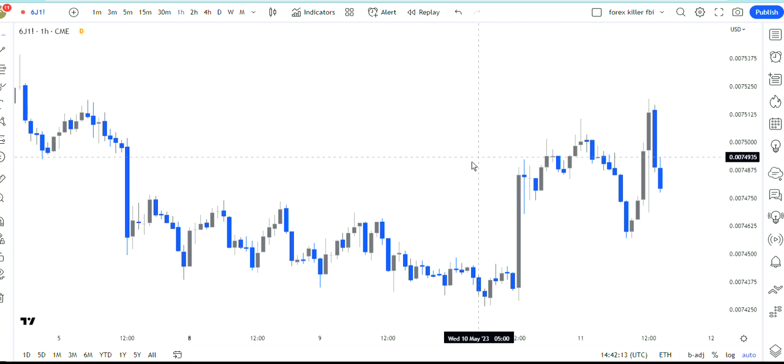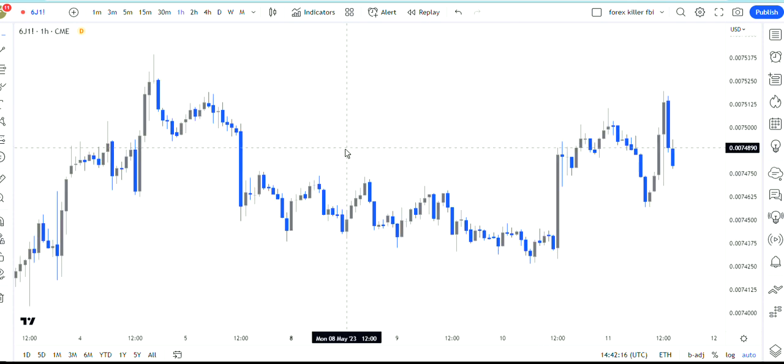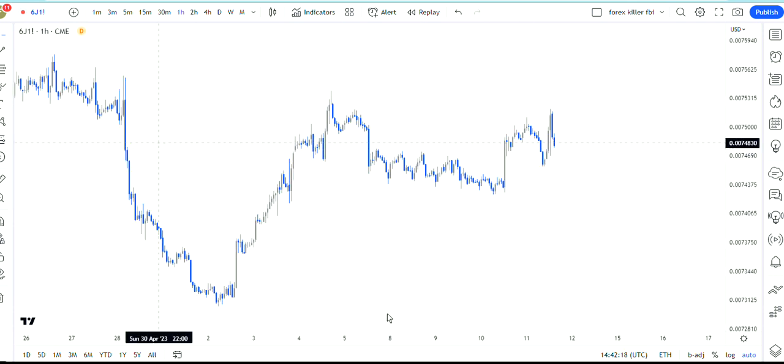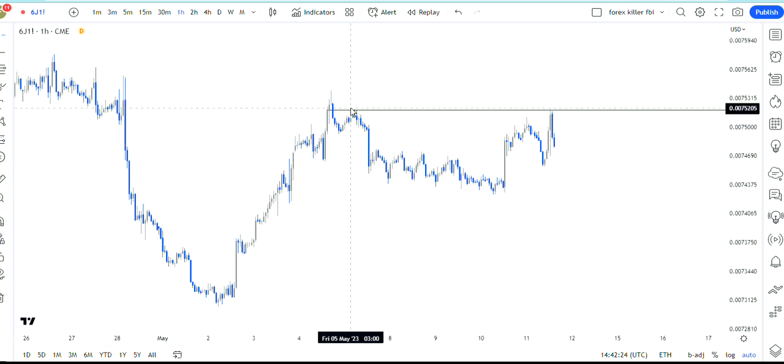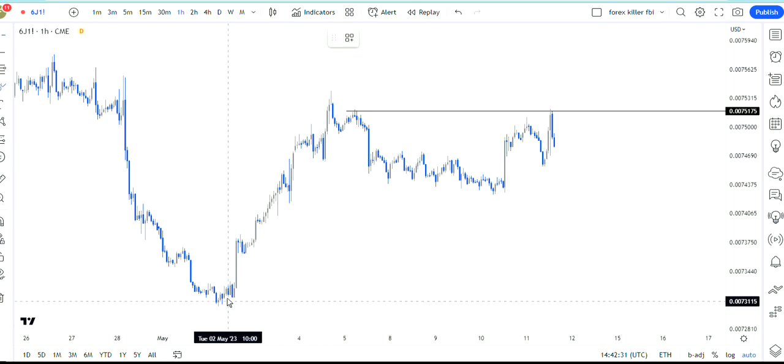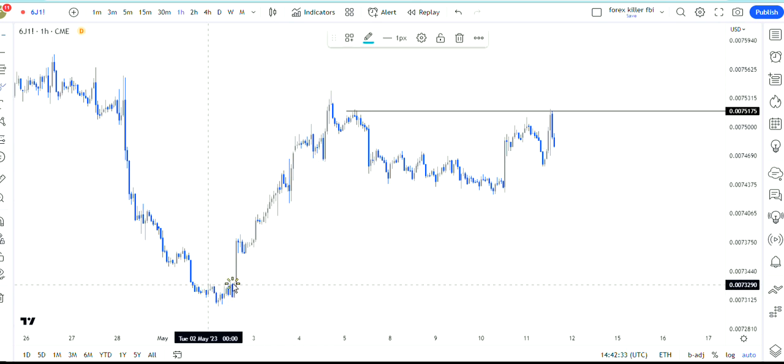In Japanese yen here, there is the formation of a double top. We had this structure here, and there is a break of market structure.